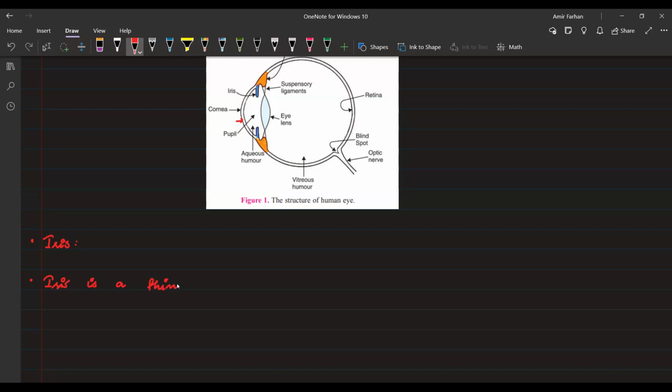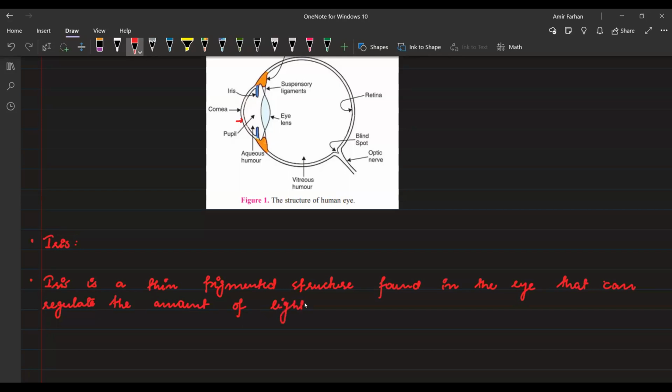Iris is a thin pigmented structure found in the eye that can regulate the amount of light that can enter.